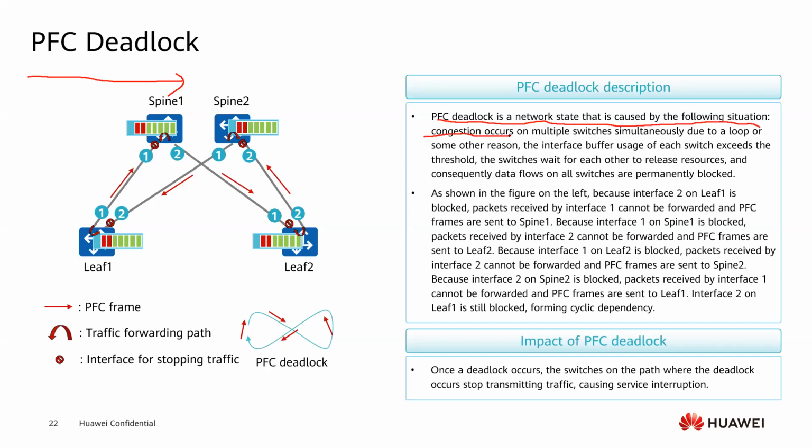Congestion occurs on multiple switches due to a loop or some other reason. The interface buffer usage of each switch exceeds the threshold. The switches wait for each other to release resources, and consequently data flows on all switches are permanently blocked.